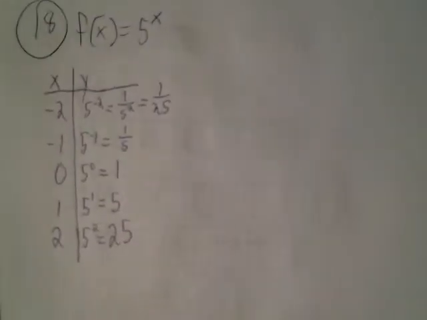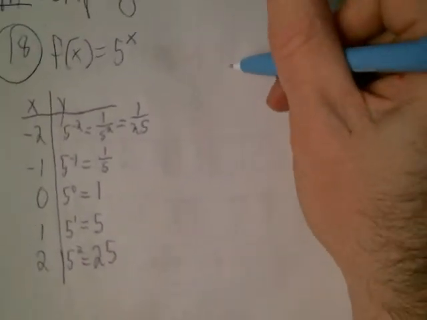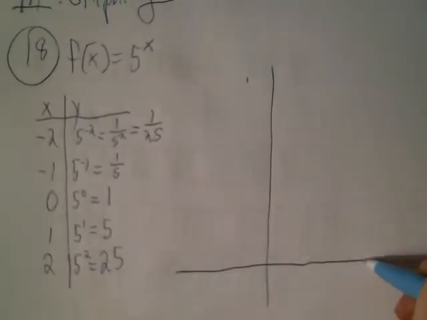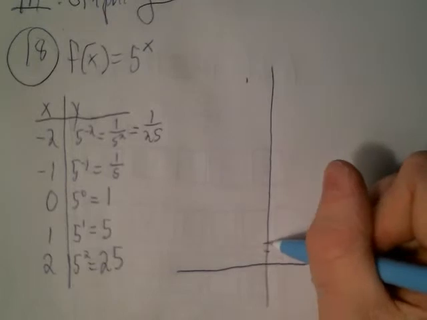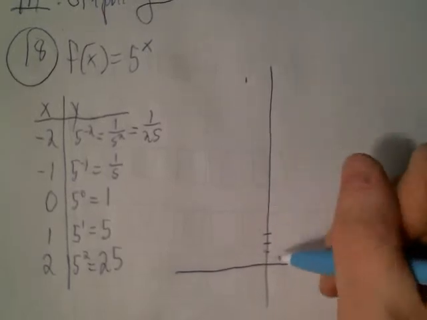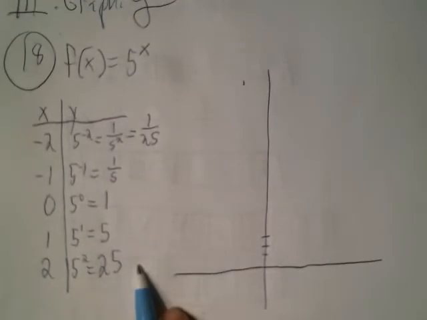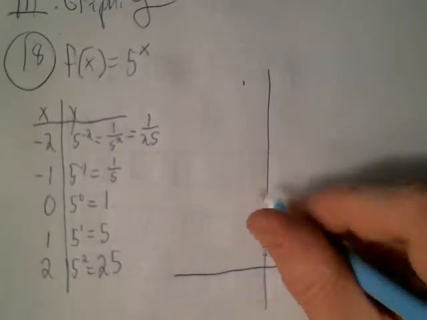So I may need a lot of tick marks. This is a big number. Maybe I should go by twos? There's no way to win because this number is so small and this number is so big. So I'm just going to go by ones.